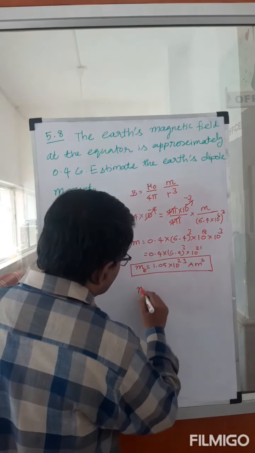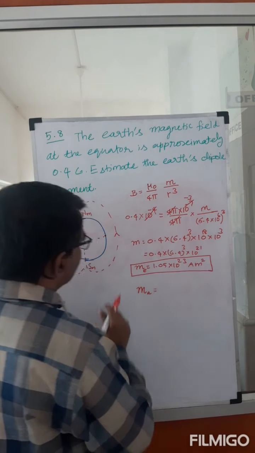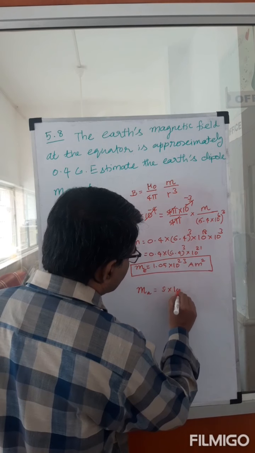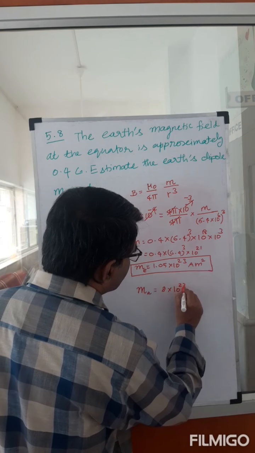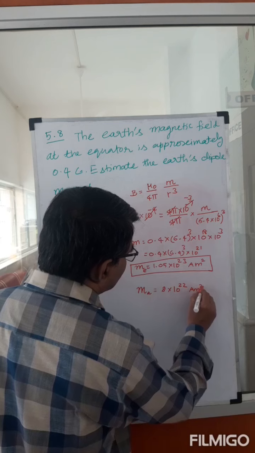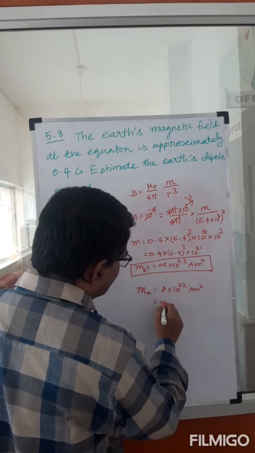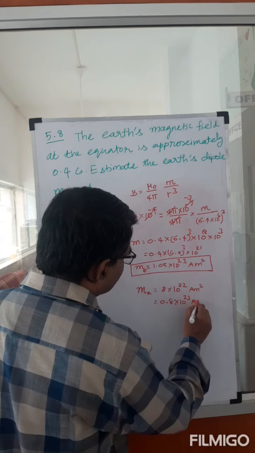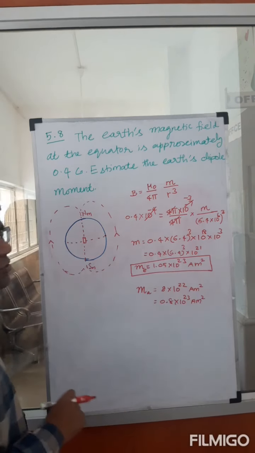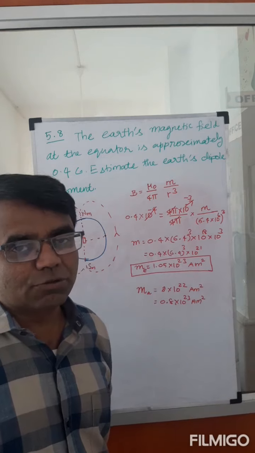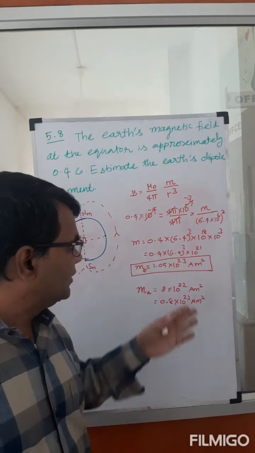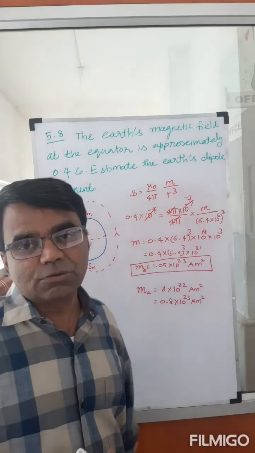The actual value of the magnetic moment of the Earth is 8 into 10 to the power 22 ampere meter square, which is actually 0.8 into 10 to the power 23 ampere meter square. The thing that you estimated is about 1 into 10 power 23 ampere meter square, but the actual value is 0.8 into 10 power 23 ampere meter square.